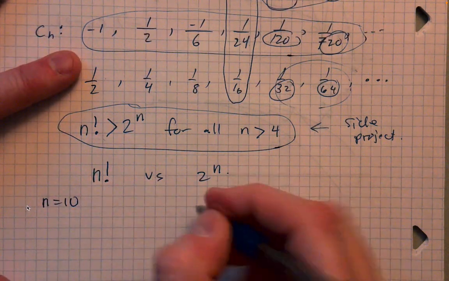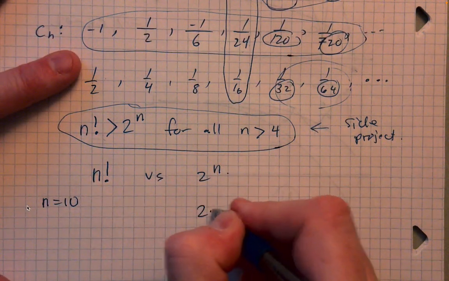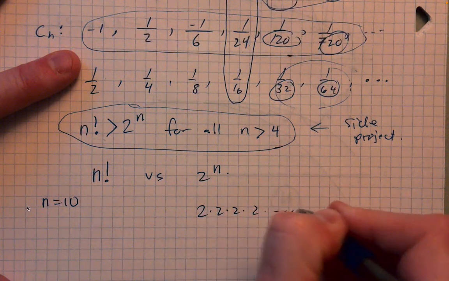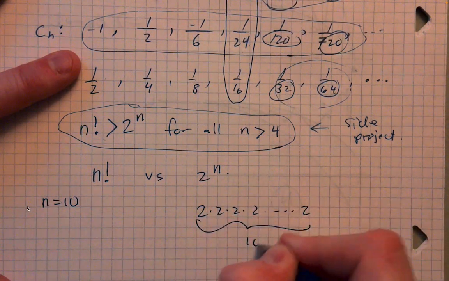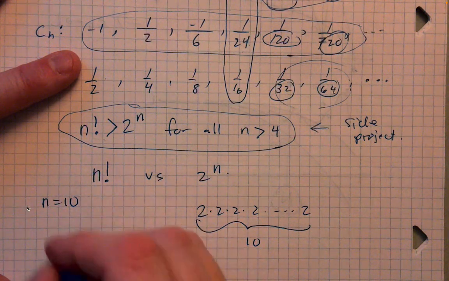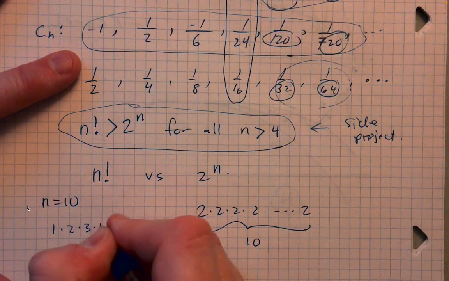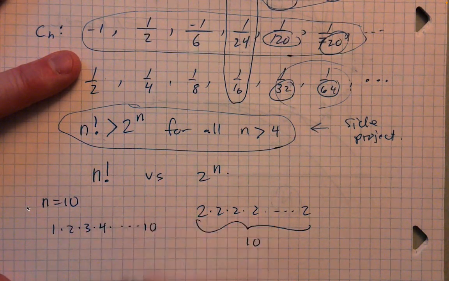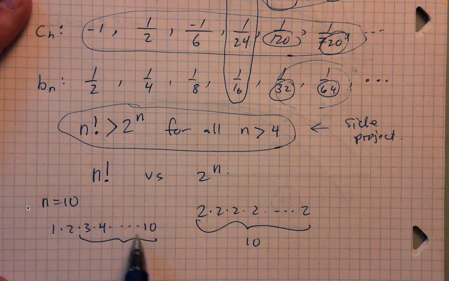Over here, 2 to the n means 2 times 2 times 2 times 2, 10 times. What does it mean over here? It means 1 times 2 times 3 times 4 and so on up to 10. 10 things in this product, 10 things in this product. Over here, all the things are 2. Over here, all the things are greater than 2 except for these two.